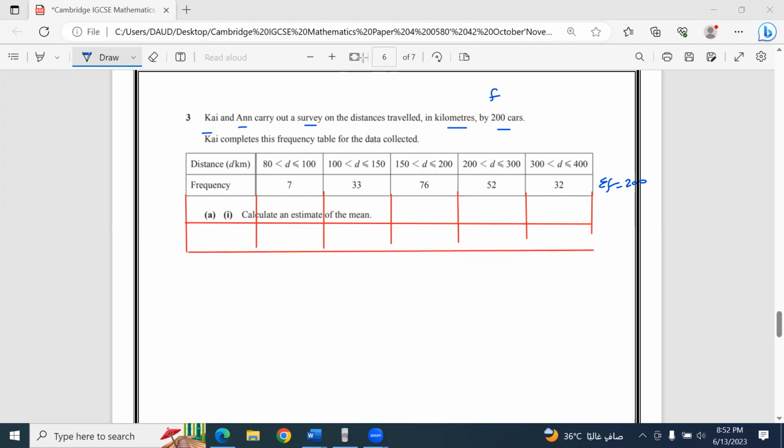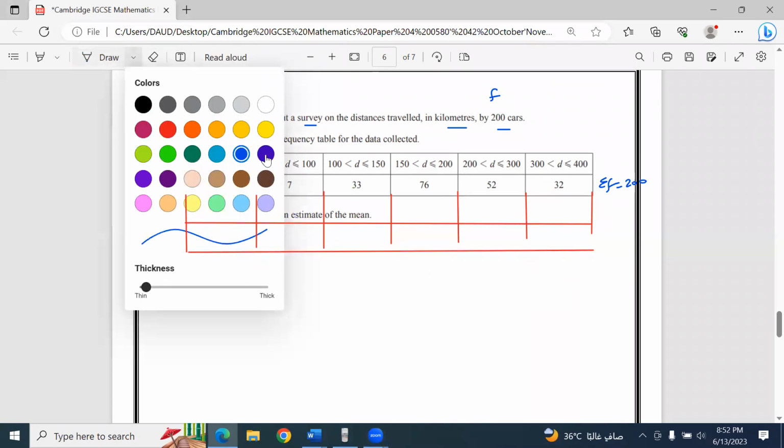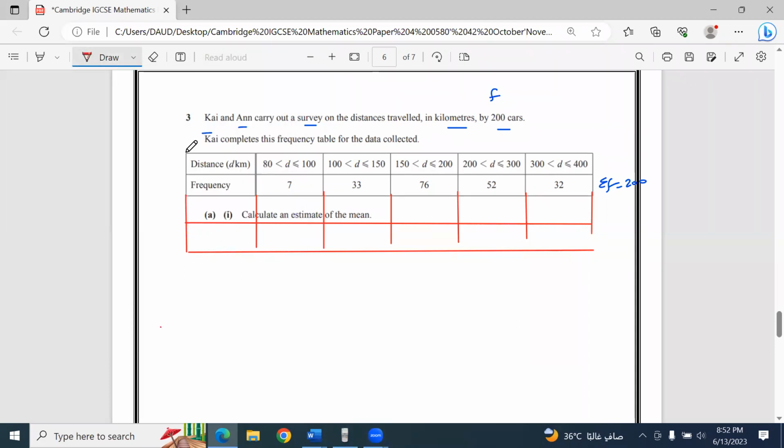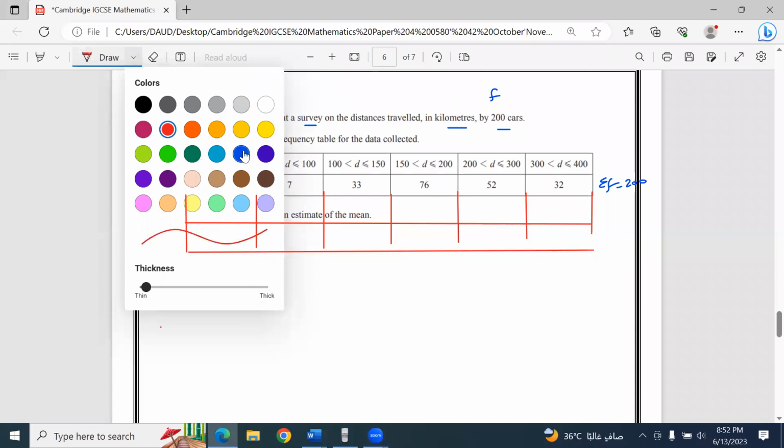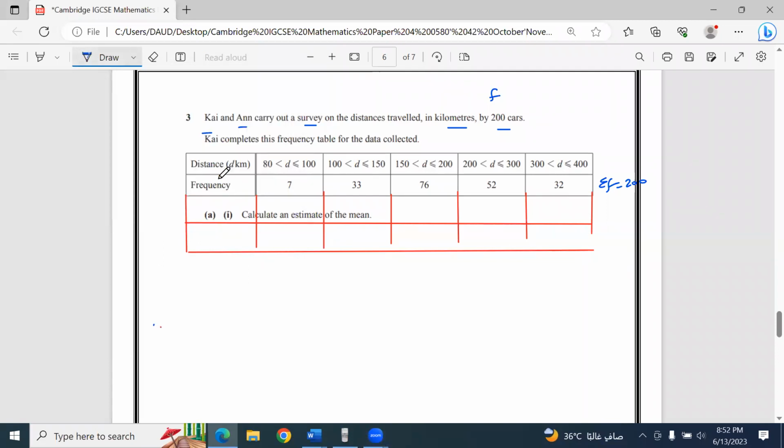So let's see. Here, the middle value is the x, we will consider as x, and later on we need to find f and x. Okay, so how to find the x value?